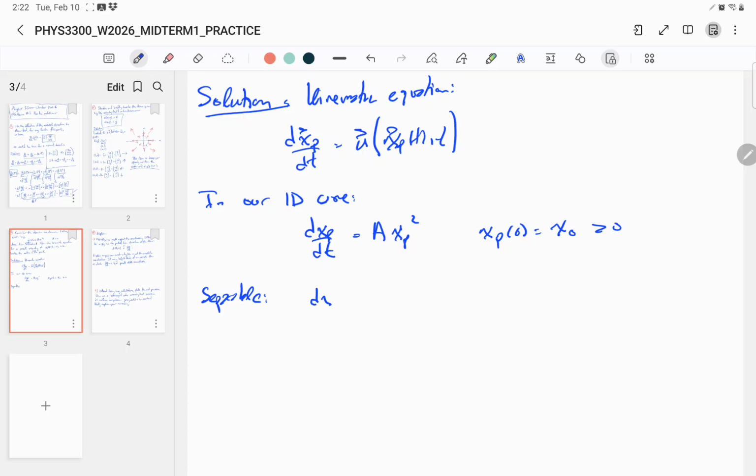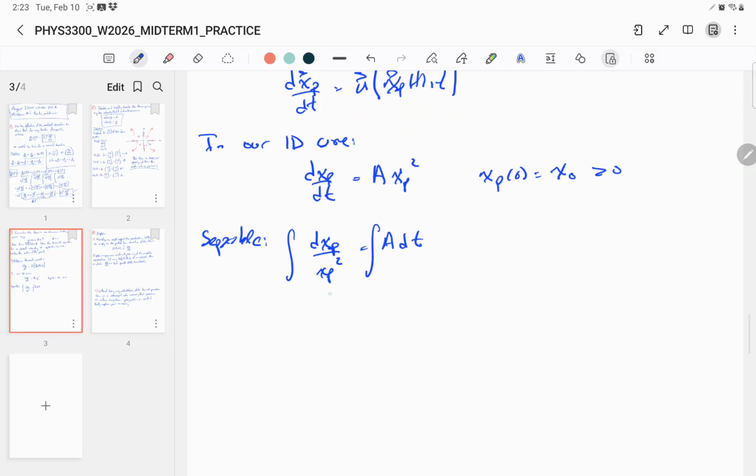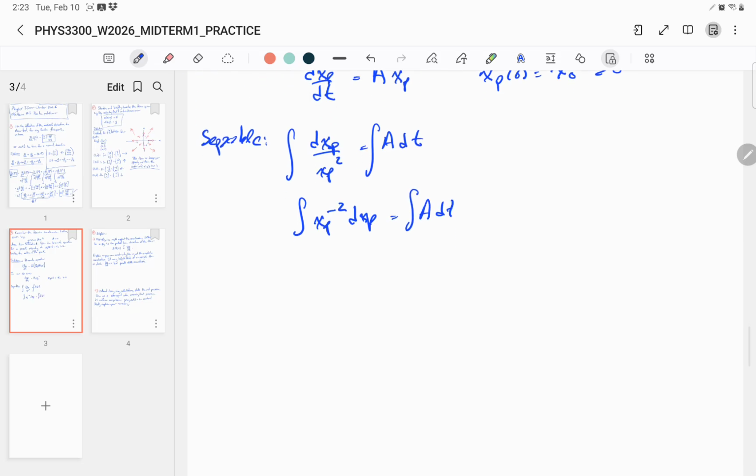We can separate like this, and then we could integrate both sides. So this is the same as the integral of x_p to the minus 2 dx_p equals the integral of a dt. And we can integrate here from x naught to x_p and time 0 to time t.